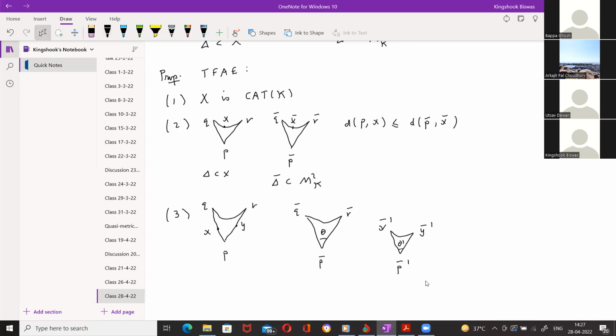So then I want theta prime less than or equal to theta. Okay. This theta prime is what I'm defining to be the comparison angle at P kappa XY. And this one, theta, is angle P kappa QR.